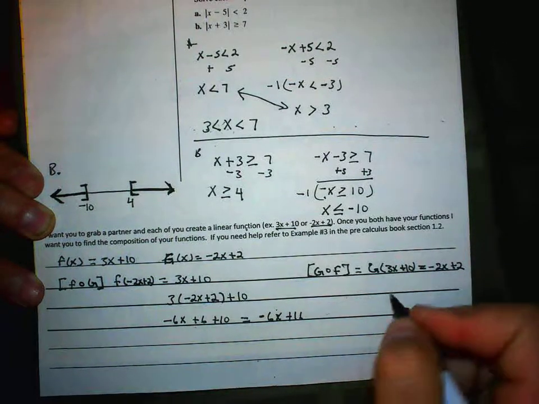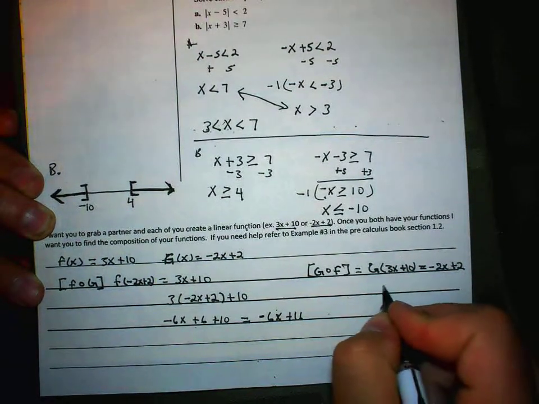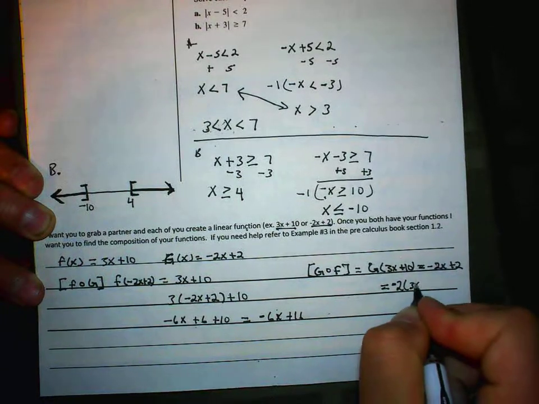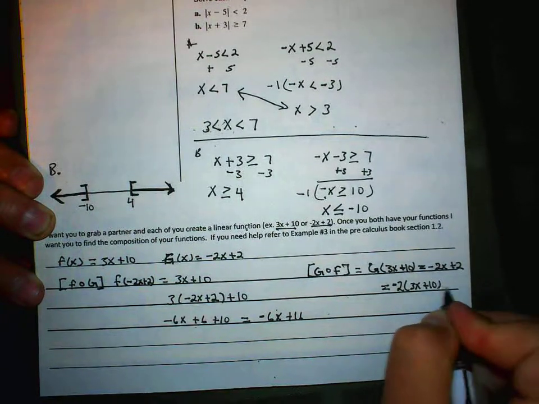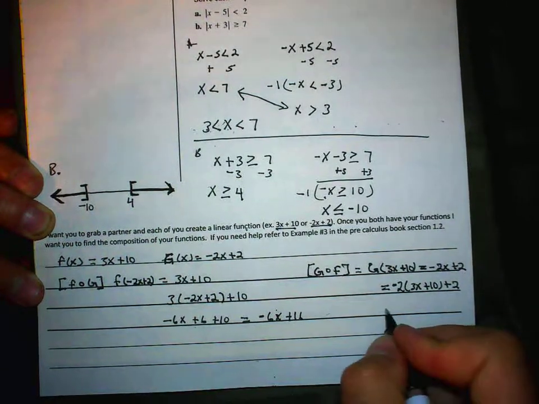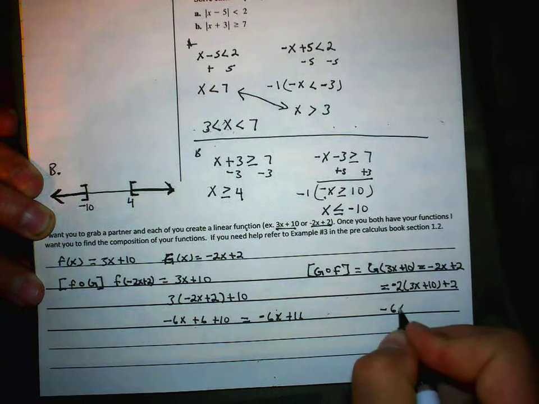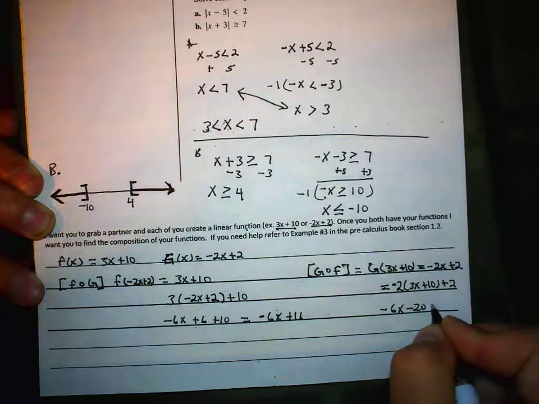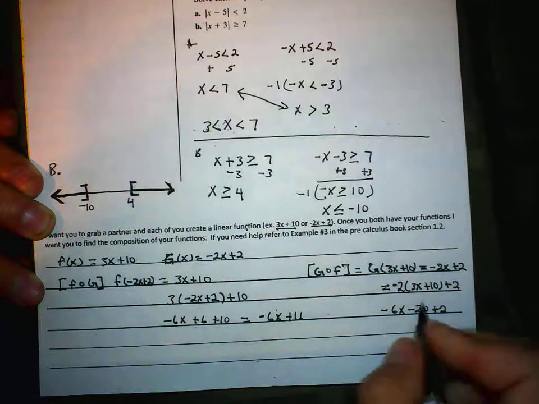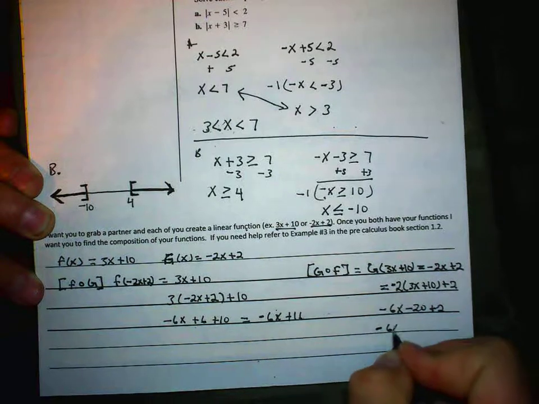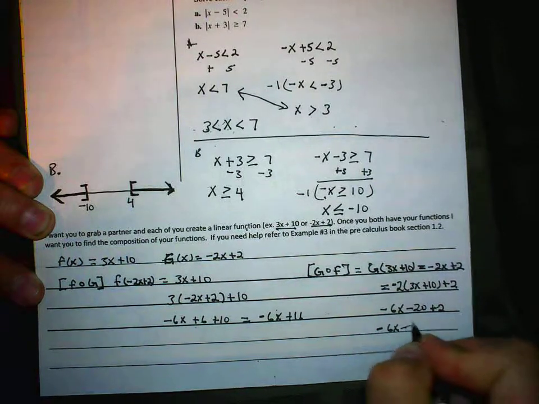So when I rewrite this, I rewrite it as negative 2, open parentheses, 3x plus 10, close parentheses, plus 2. And then FOIL out, and I'd wind up with negative 6x minus 20 plus 2. And then combine my like terms, so this would finally equal negative 6x minus 18.